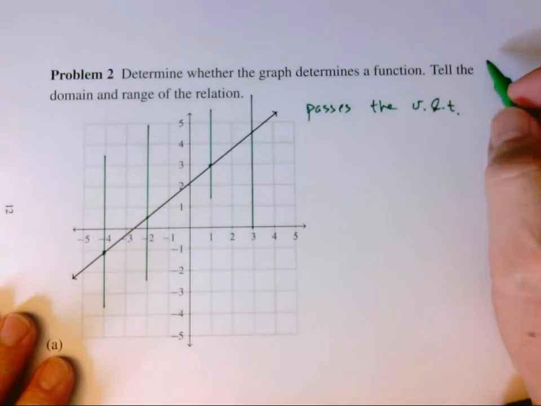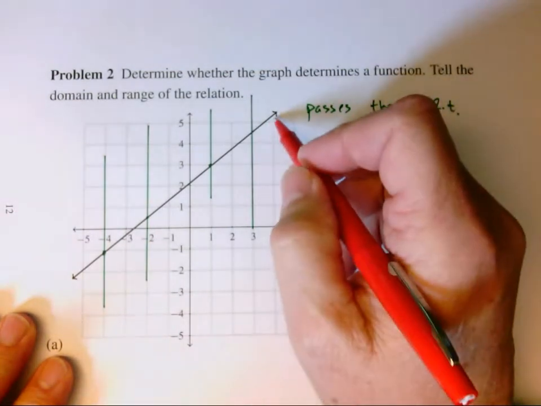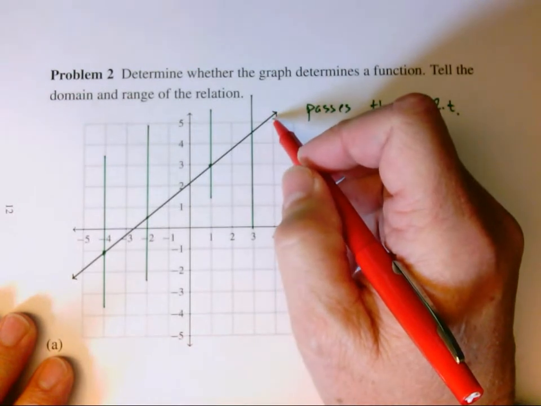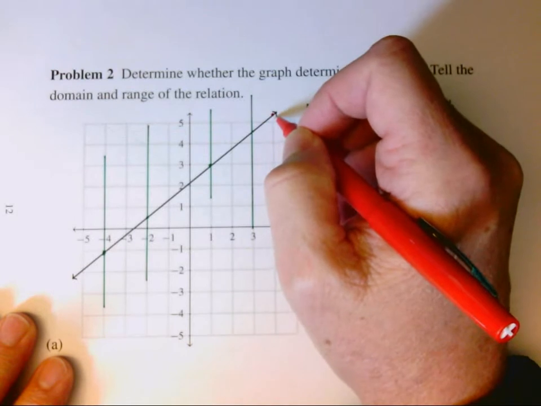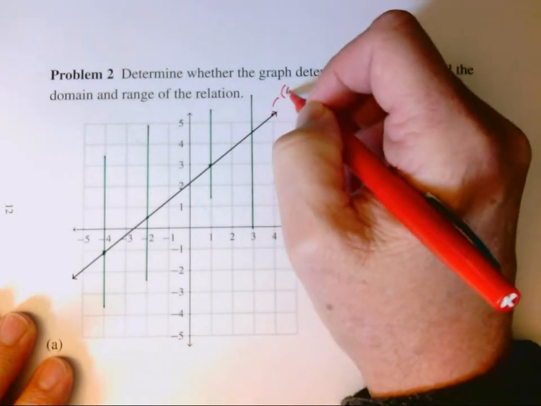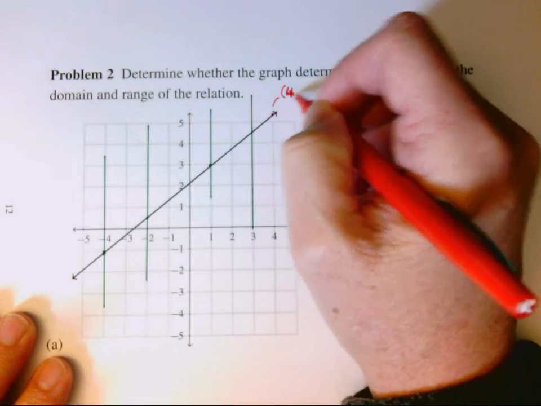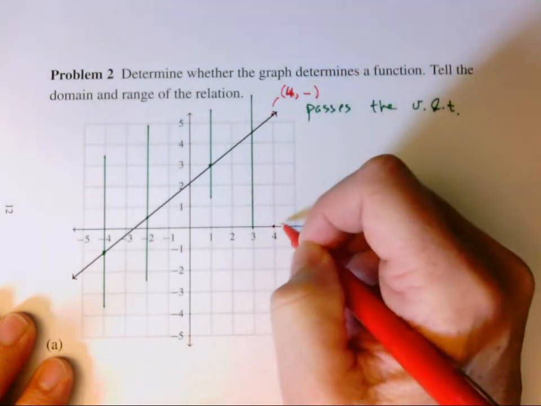Now tell the domain and the range. The domain is the set of all x's in the relation. So for instance, here is a point that's 4, comma, something. So that means that 4 is in the domain.